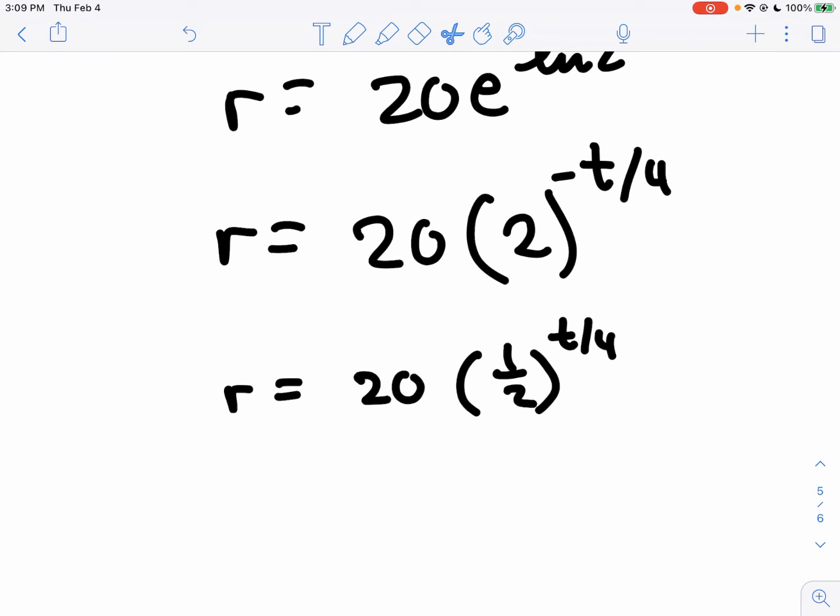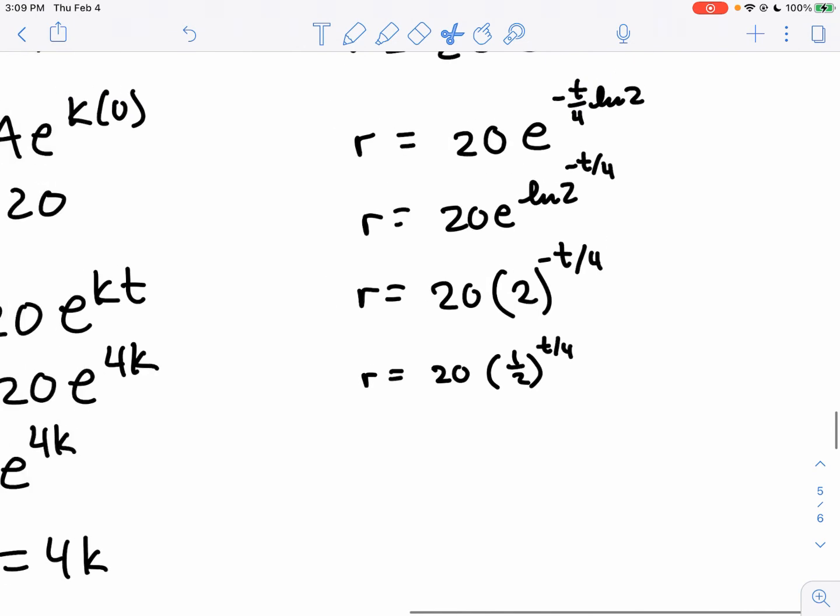So when you plug in t equals 4, this exponent becomes a 1, and this is saying, hey, take 20 and multiply it by a half. In other words, when t is 4, our population will cut in half. When t is 8, so another 4 years, this becomes a 2, and a half squared just means do half twice. So we cut in half twice when 8 years have gone by. And so you can see why this is, in fact, giving us the correct half-life.